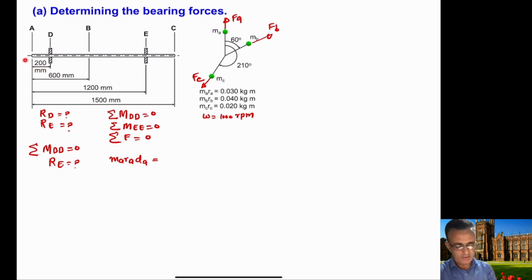FA is in this location, and the distance DA is 200 millimeter. So we will write 0.03 times 0.2, and this will be 6 times 10 power minus 3 kilogram meter square, because this is kilogram and meter.